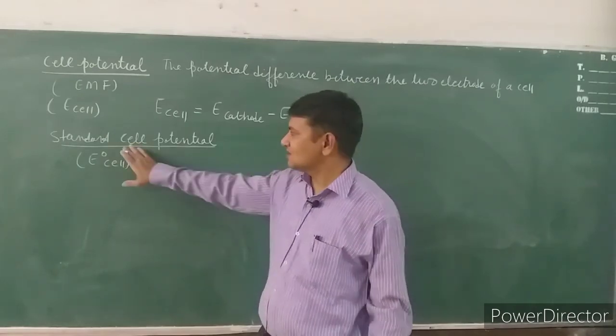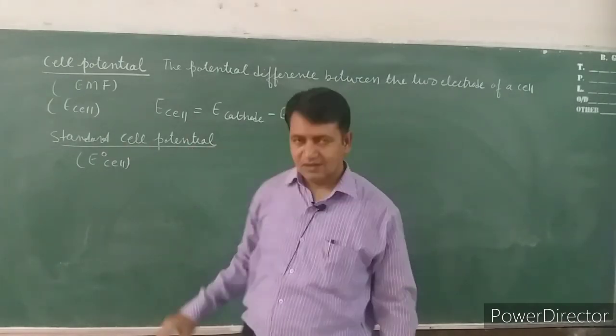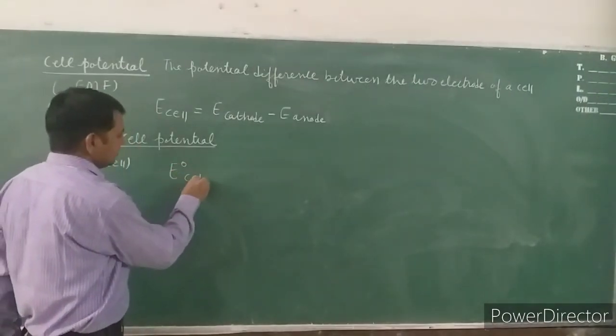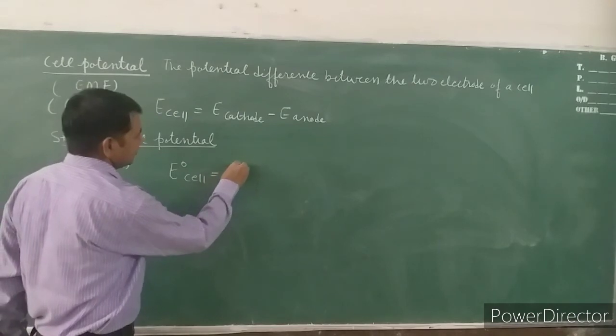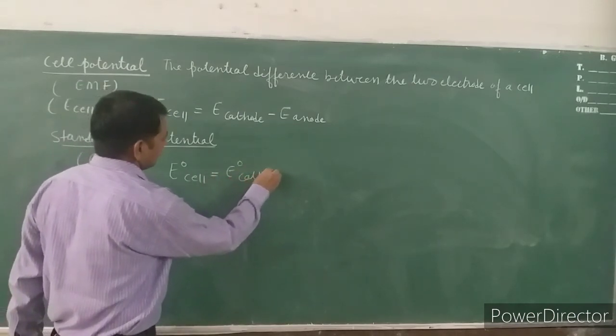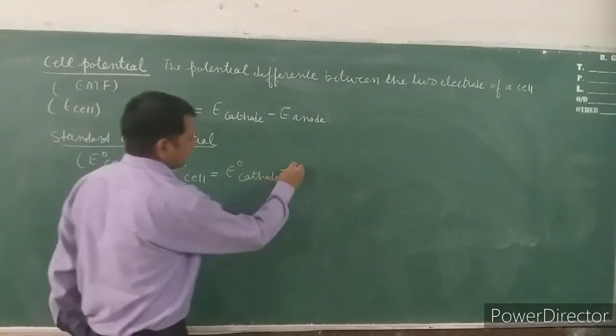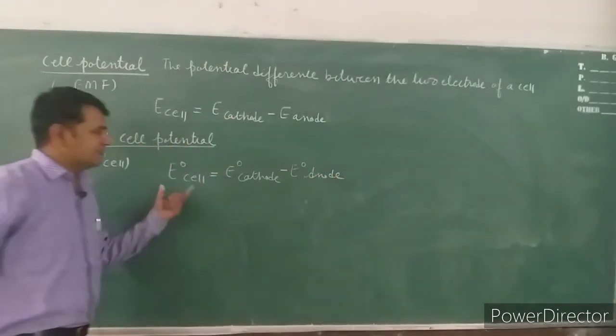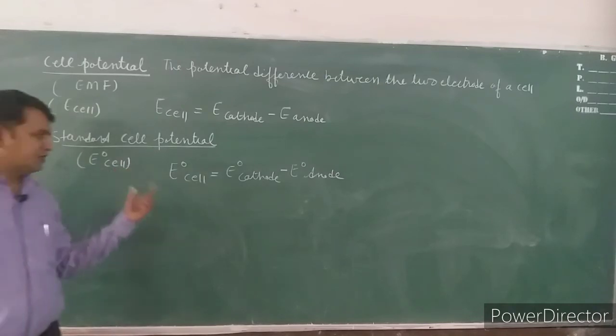That is known as standard cell potential. And for calculation, the formula becomes: E standard cell is equal to E standard cathode minus E standard anode.